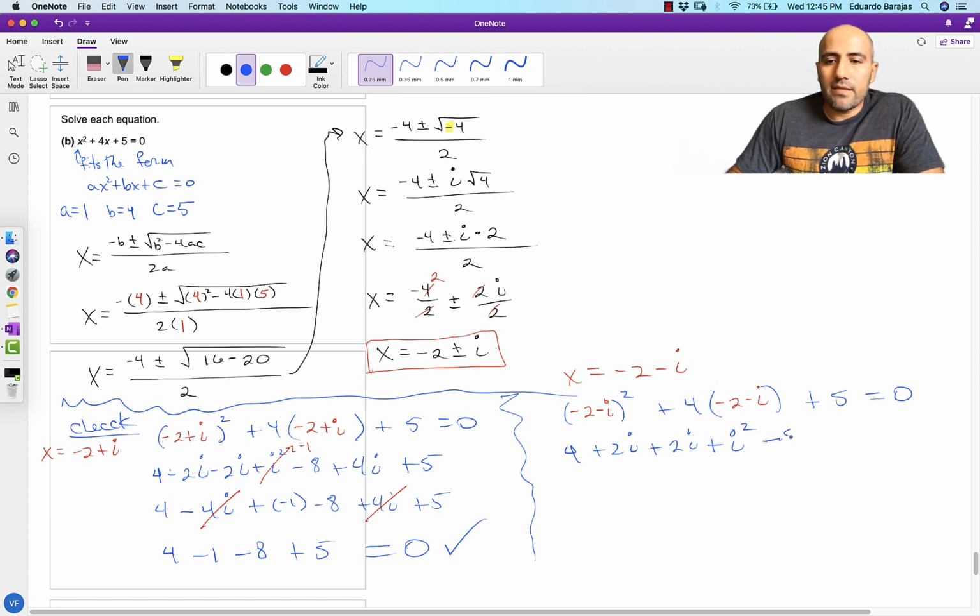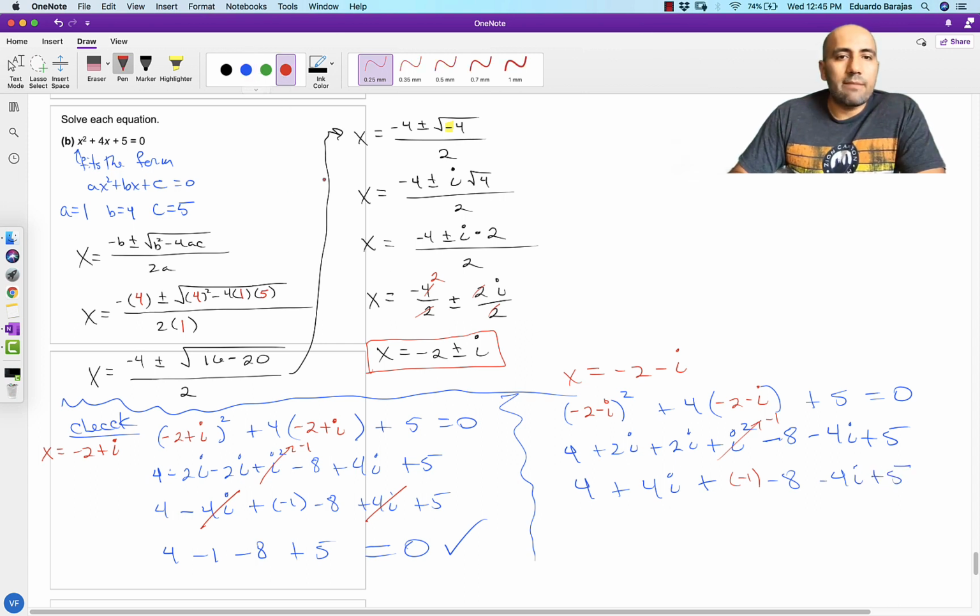Distributing, we get a minus 8 minus 4i plus 5. So then combining like terms, we get 4 plus 4i plus negative 1. Let's go ahead and rewrite that guy as a negative 1. Minus 8 minus 4i plus 5.